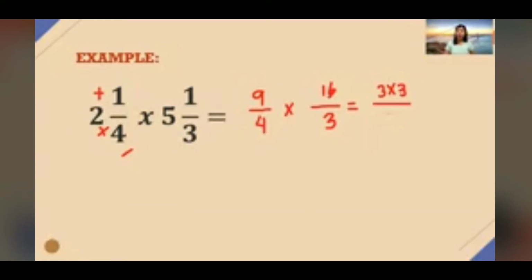How about 4? 2 times 2. 16. 2 times 2 is 4, times 2 is 8, times 2 will get 16. And then 3 is 1 times 3.